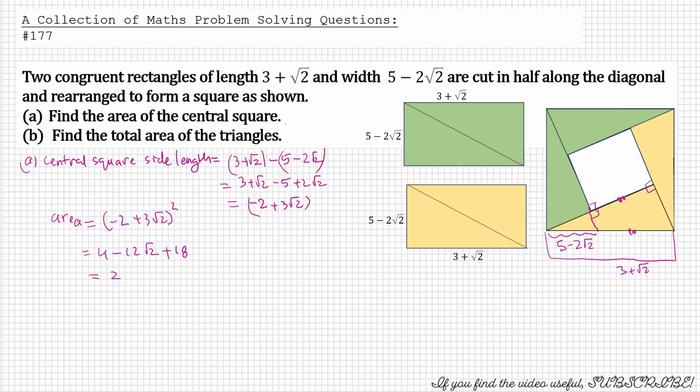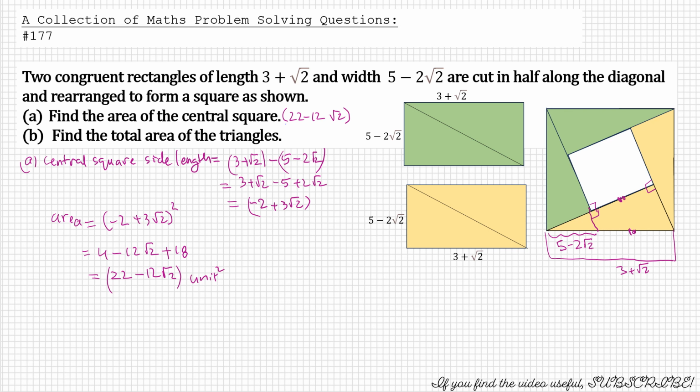That equals 22 minus 12 square root of 2, and that's the area. So we can put in units squared, though they haven't given us any units. The area of the central square would be 22 minus 12 root 2.